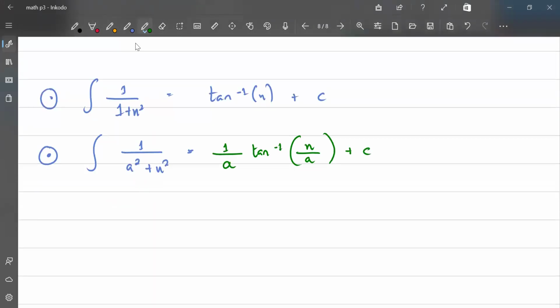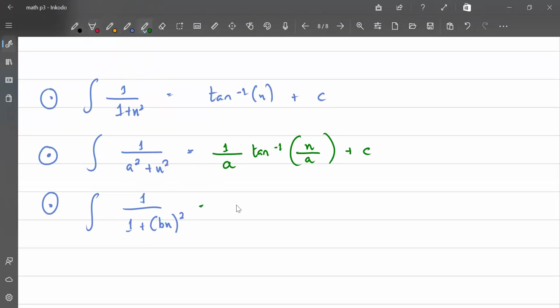Let's say we have 1 upon 1 plus bx square. Notice this time we have 1 here, but a different constant attached with x, and the whole thing is squared.